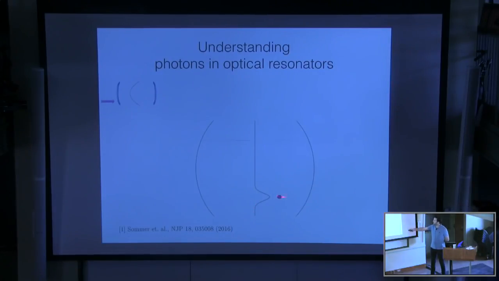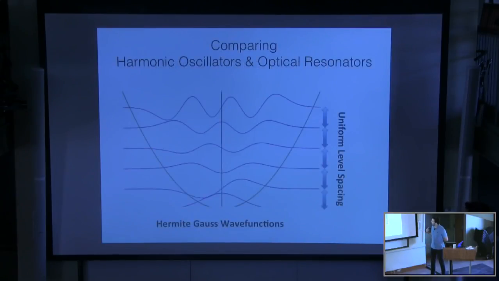But what you can see is that this wave packet does oscillate like a massive particle in a harmonic trap. And in fact, we can then go to a wave picture and see that this is formally a good correspondence. A massive particle in a harmonic trap has these Hermite-Gauss eigenstates that are uniformly spaced in energy.